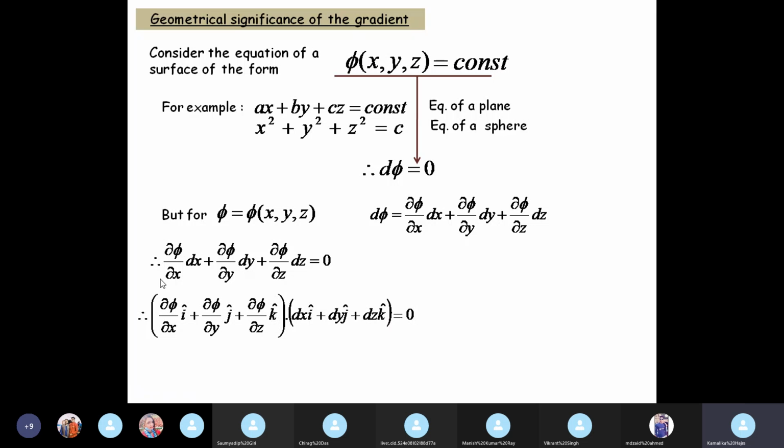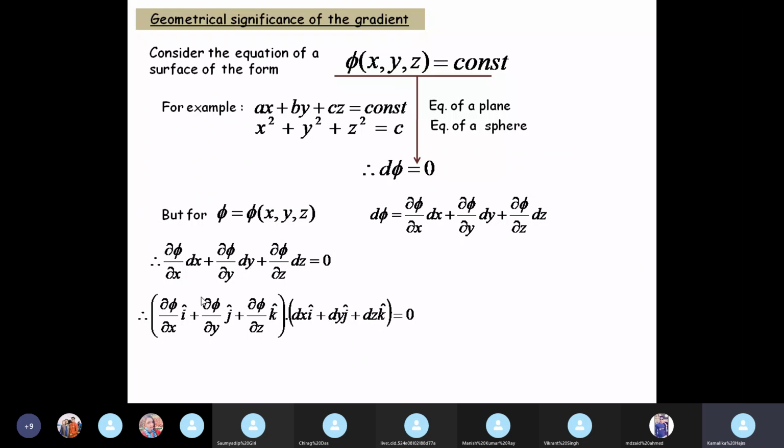Now I can write this, let me elaborate, with a little bit of manipulation, as a dot product of two vectors: del phi/del x i cap plus del phi/del y j cap plus del phi/del z k cap, and dx i cap plus dy j cap plus dz k cap.